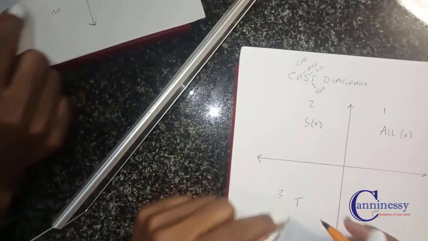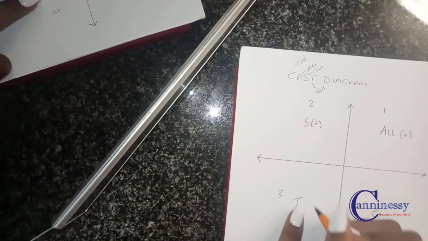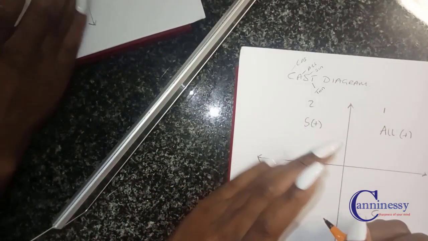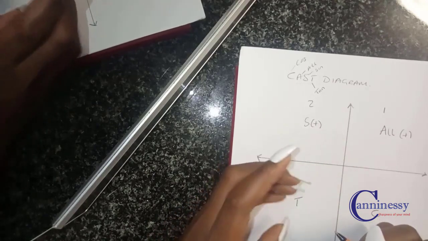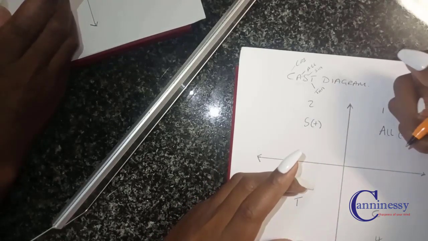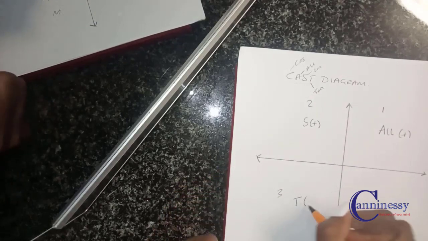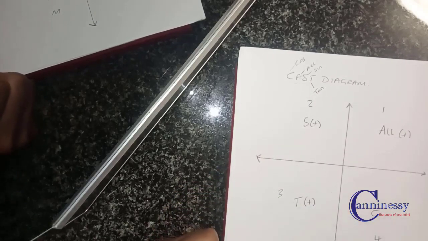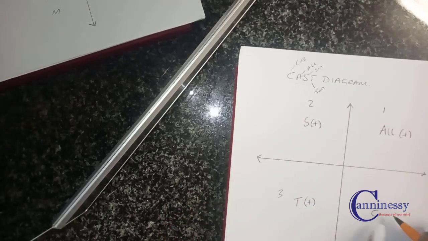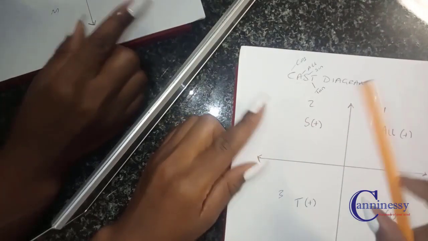And then the third quadrant is tan, meaning this is the quadrant where tan is positive. And then here, this is the quadrant where cos is positive. So you see these three.